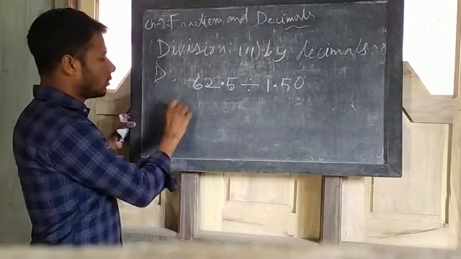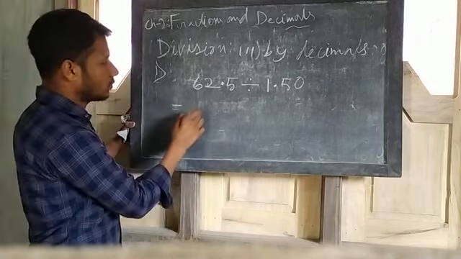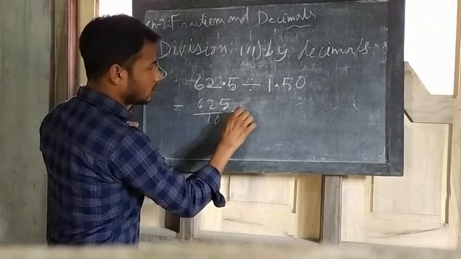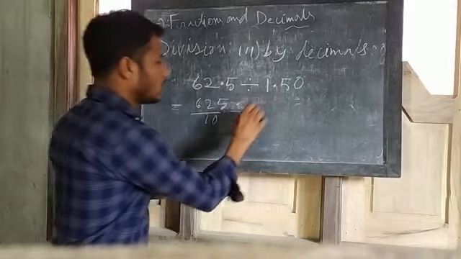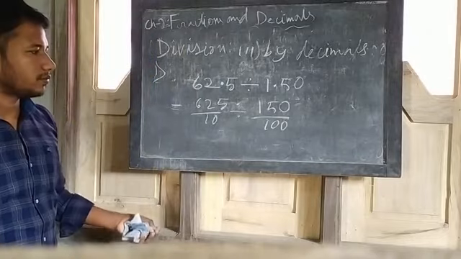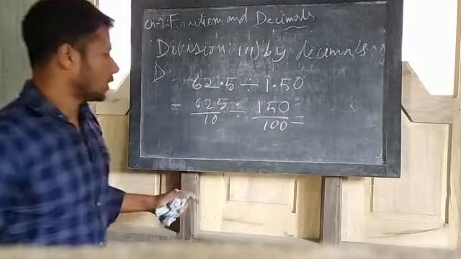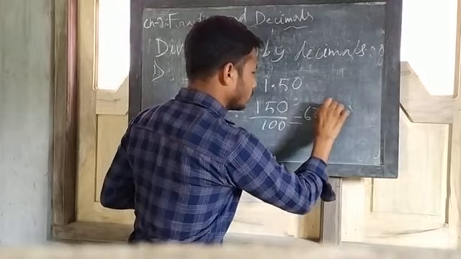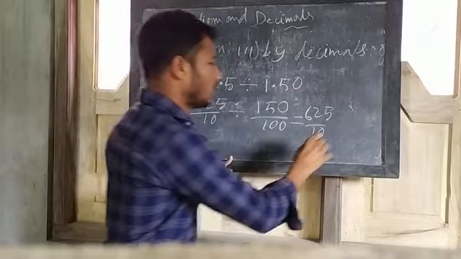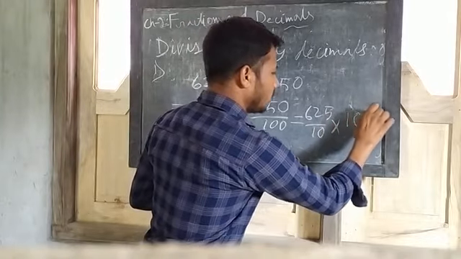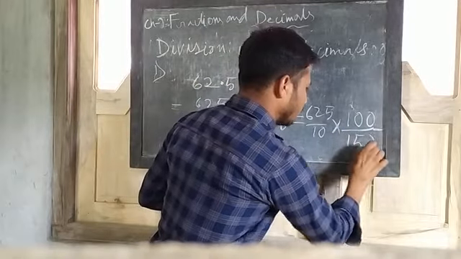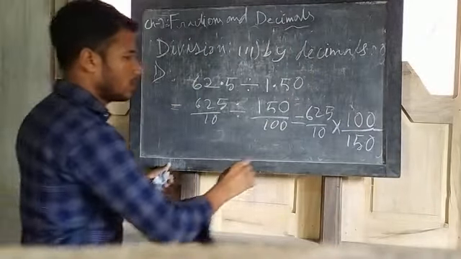Now how will we divide it? So we can write 625 by 10, and this 1.50 we can write 150 by 100. Now see, this division of 150 by 100, therefore we can write multiplication 100 by 150. Now we have to calculate.